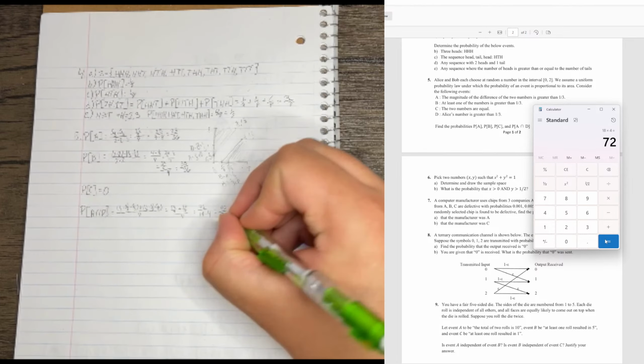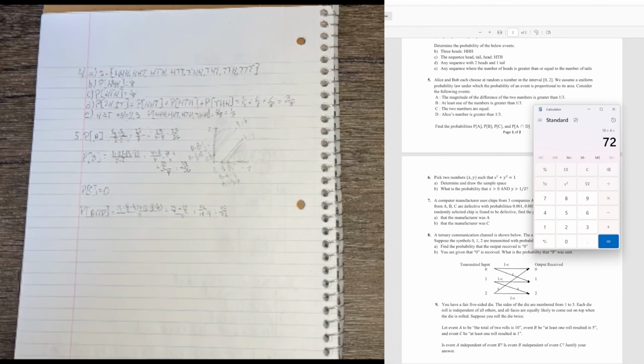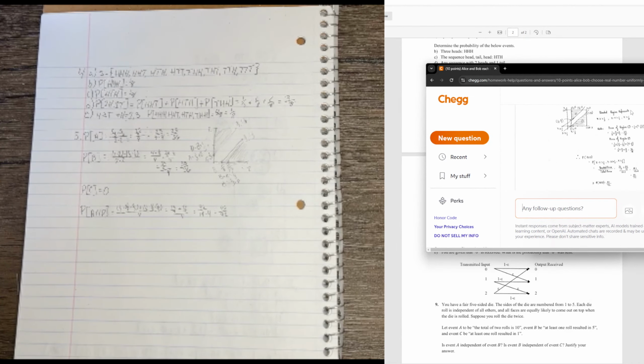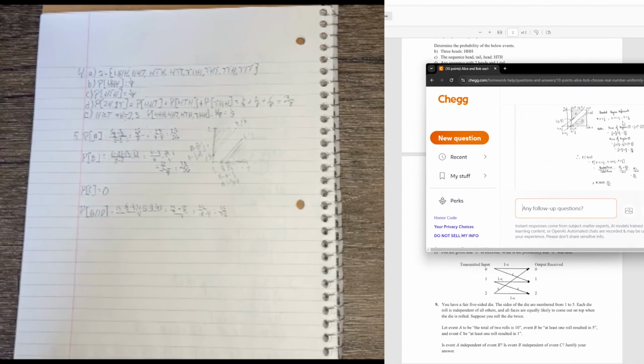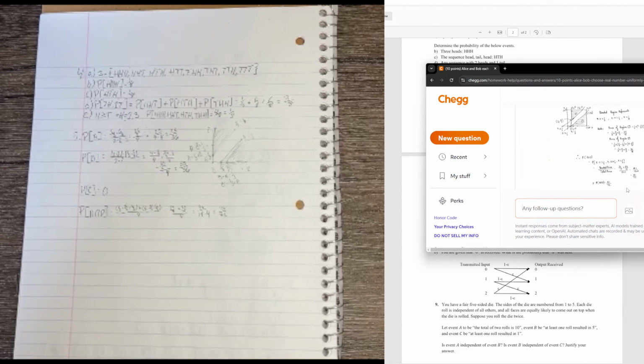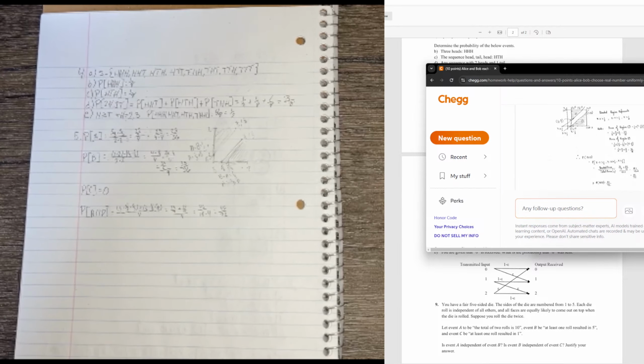And is that what they got? No, they got 41. So theirs is slightly different. I didn't get 16. I got 20, and that is where my issue lies.